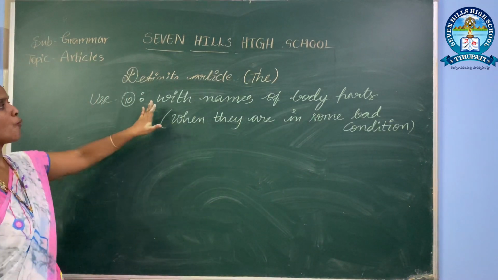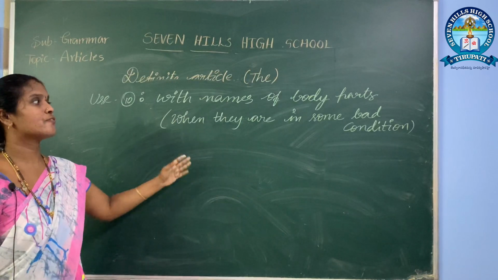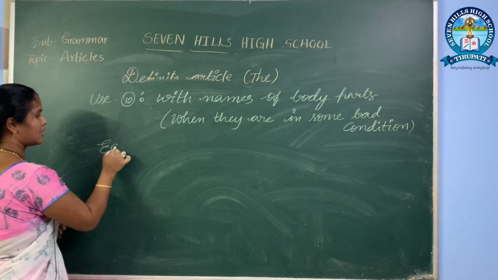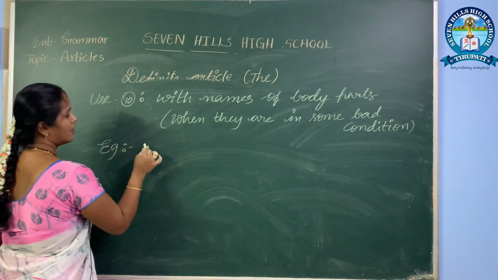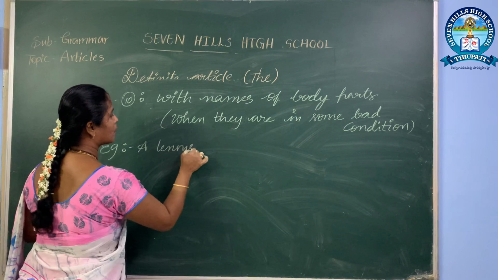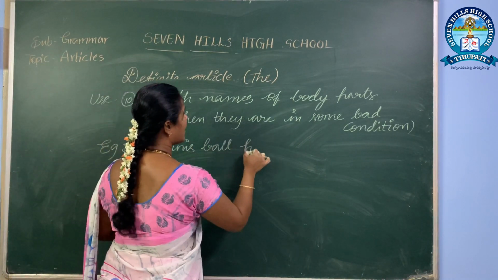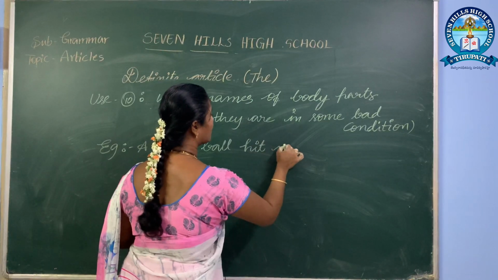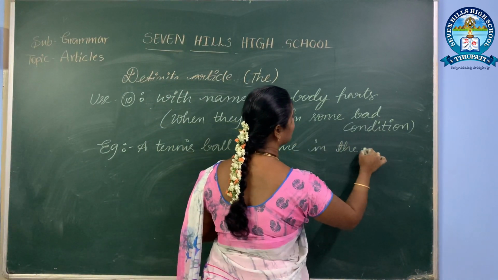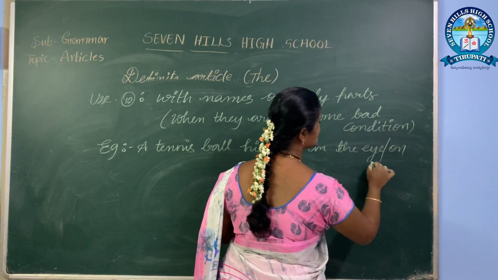See, we use the with the names of body parts when they are in some bad condition. I give one example here. A tennis ball hit me in the eye or on the nose.